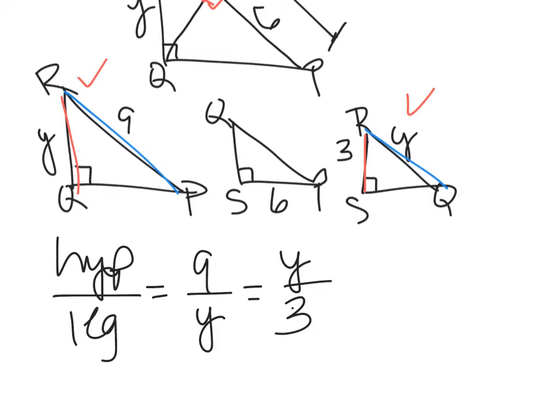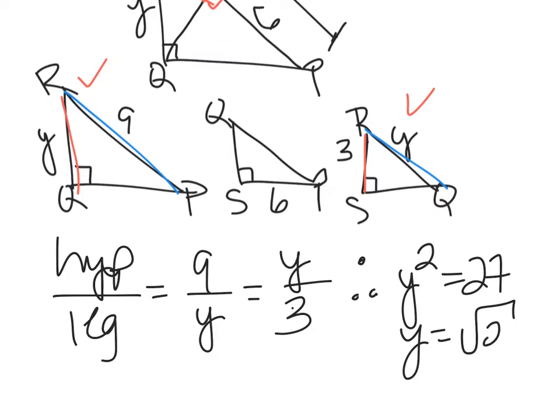Now we have a proportion, so find the cross products. Therefore, Y squared is 27, and Y is going to be the square root of, well, that's ugly, the square root of 27.